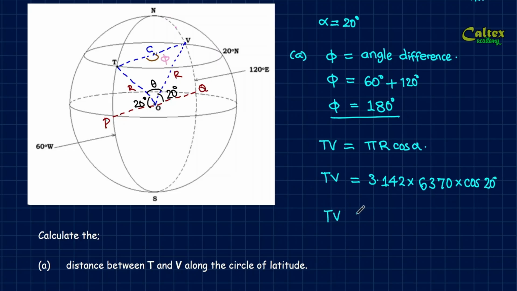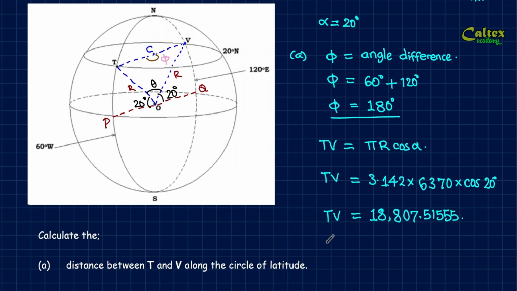So therefore, TV is equivalent to, now when you put this into the calculator, we'll get 18,807.51555.